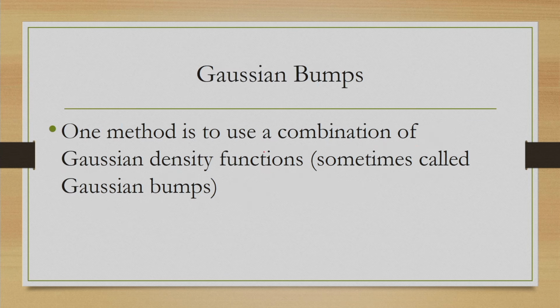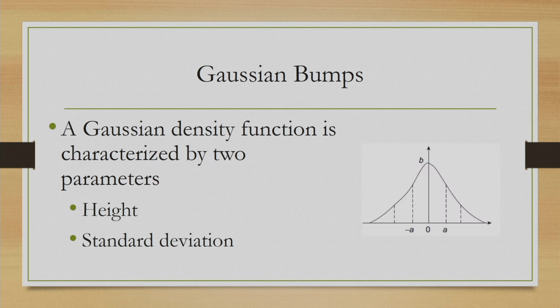One method is to use a combination of Gaussian density functions, sometimes called Gaussian bumps. An example of a Gaussian density function is shown here.